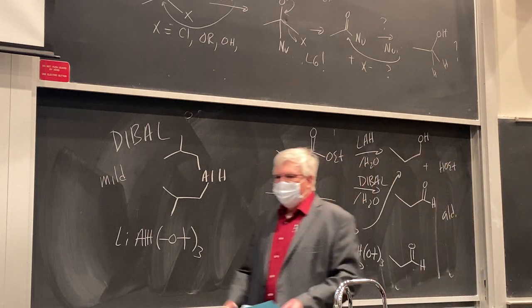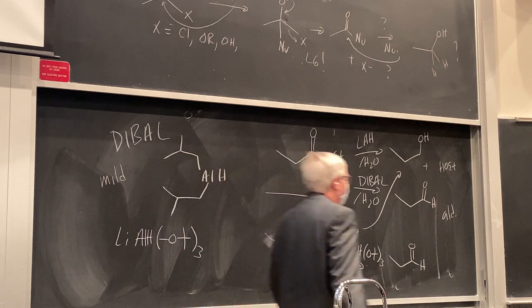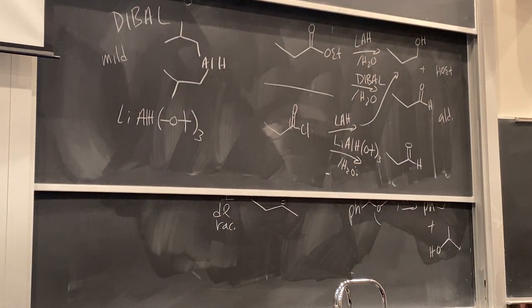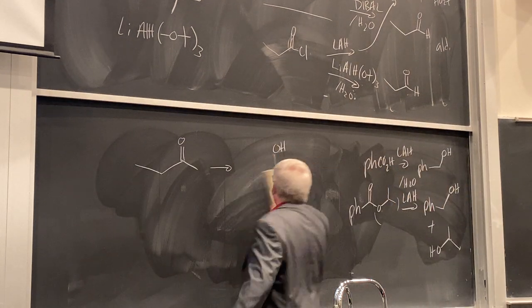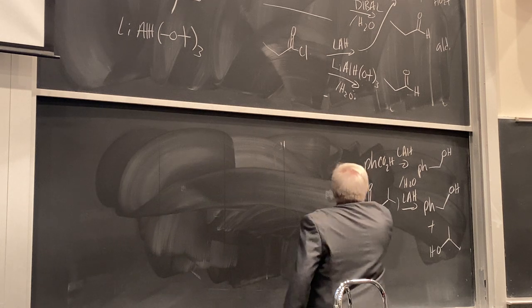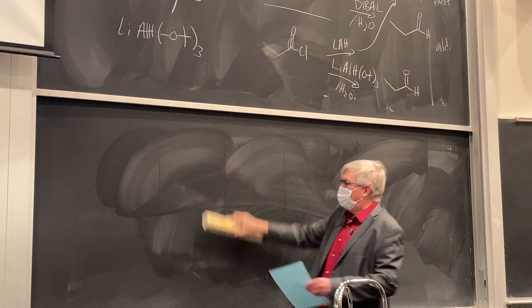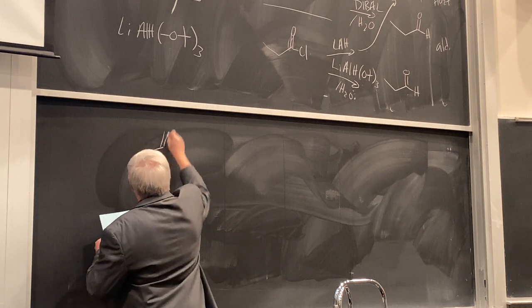Let's get into the mechanism of this enough to figure this out. Shouldn't be too bad. And yeah, hopefully you're seeing some commonality here among the mechanisms. The difference here is with the derivatives, you have the potential leaving group on there. So yeah, let's just look at it like this.